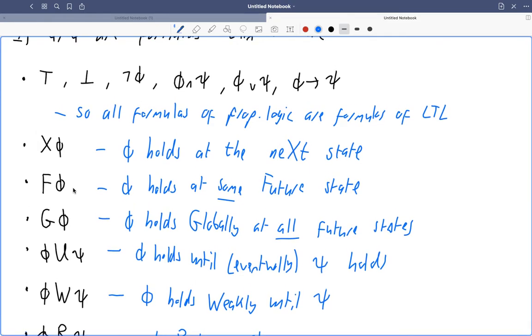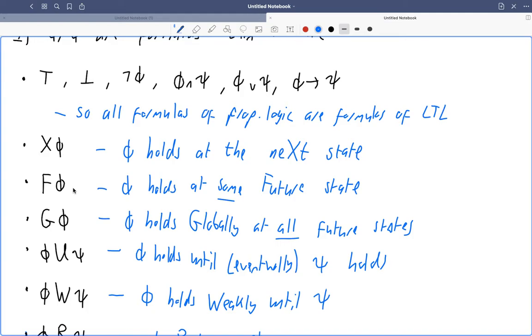The idea of a linear time temporal logic formula, as I motivated in the first part of the lecture, is that we're going to look at infinite runs through the system. So a temporal logic formula is going to express properties of what happens during the evolution of the state of a system in a run through the system.